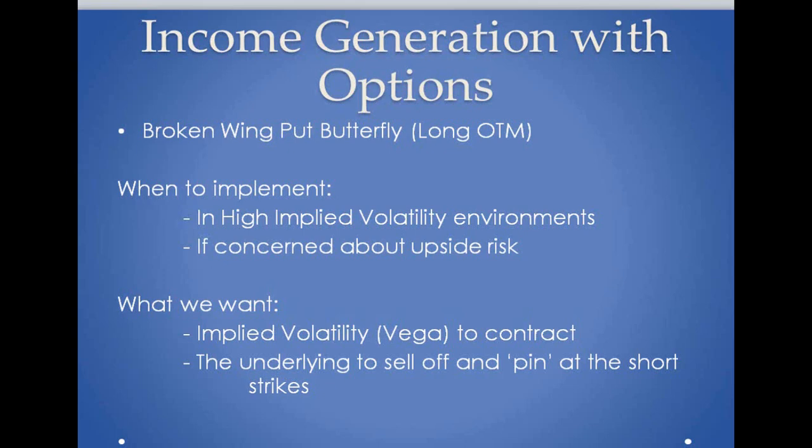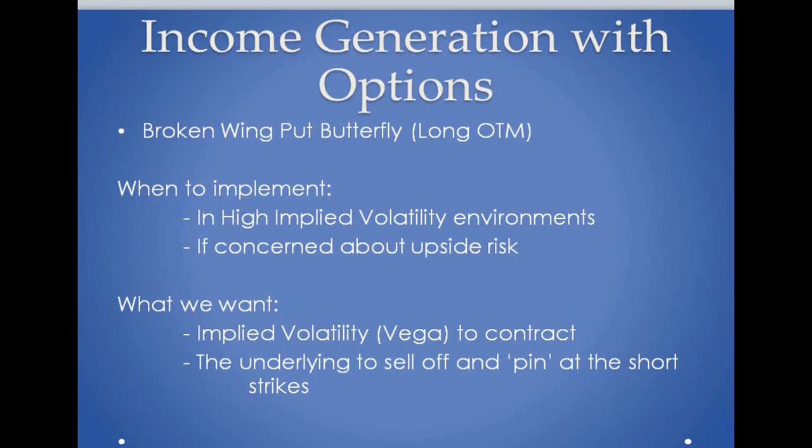And what we want is we want this underlying to have high implied volatility, and we want this option to have high vega, and we want to see that vega contract during the life of when we're holding this contract. We want the underlying to sell off and pin at our short strike.